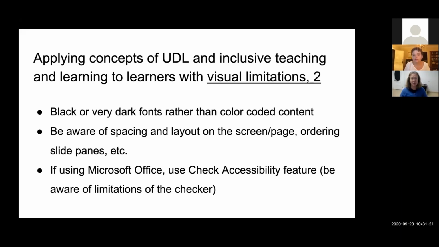There are some other software that you can use to check accessibility, but if all you have is Microsoft Office, you can use the Check Accessibility feature. And if you just go into a search in Microsoft Office and say accessibility, it will show you what features you have. But you have to realize that it's not going to be perfect. It's going to give you hints. It's going to give you suggestions based on the algorithms that it has.